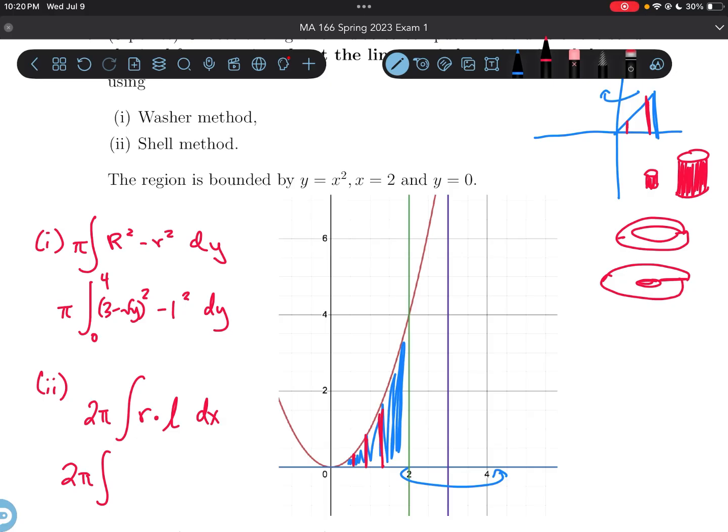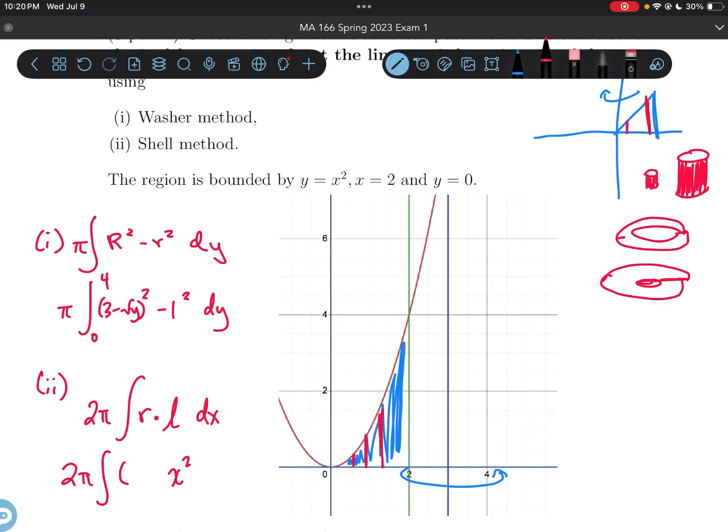The length is easy. The length is just the distance between this curve and the x-axis, so the length is just x squared.